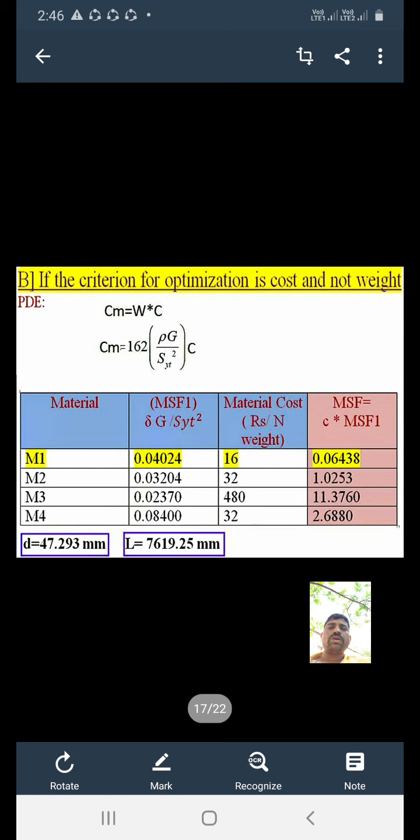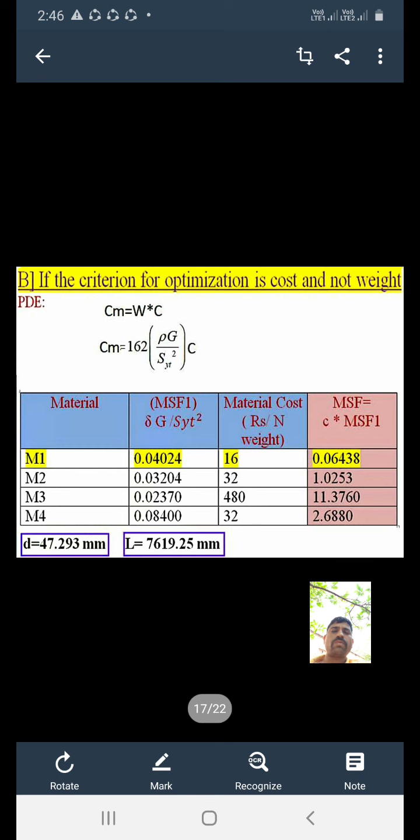Cm is equal to 162 T square rho G divided by SYT square into C. Then you will get d is equal to 47.293 mm and L is equal to 7619.25 mm.